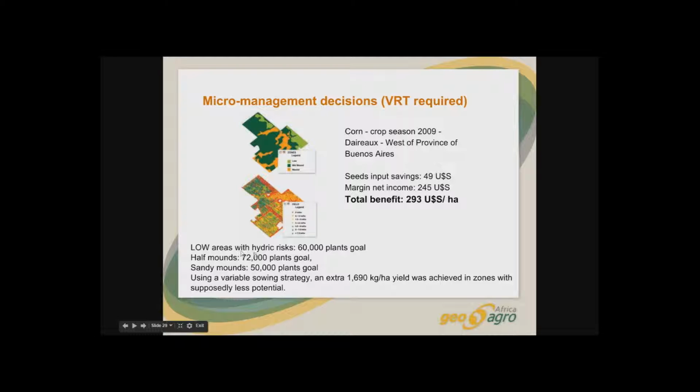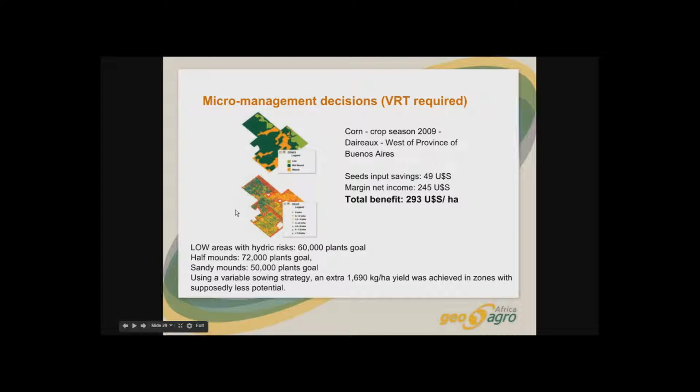Based on the zones, different goals were set: low areas with hydro risk, 60,000; half mounds, 72,000; sandy mounds, 50,000. An extra 1,700 kilograms per hectare yield was achieved in zones with supposedly less potential.